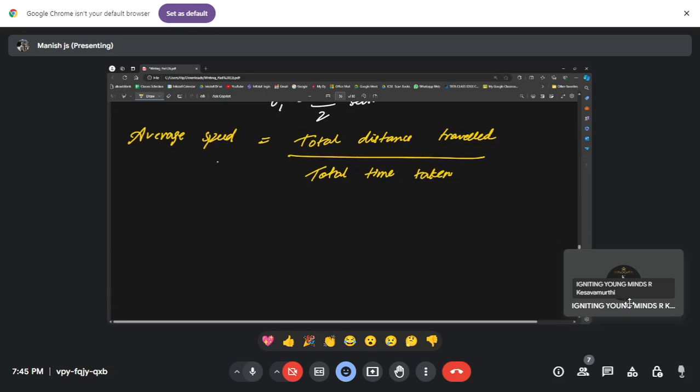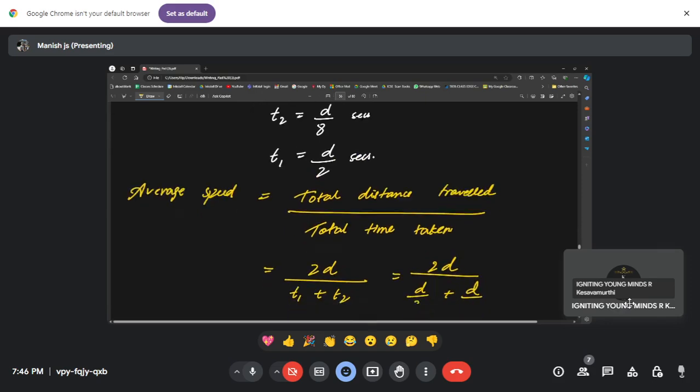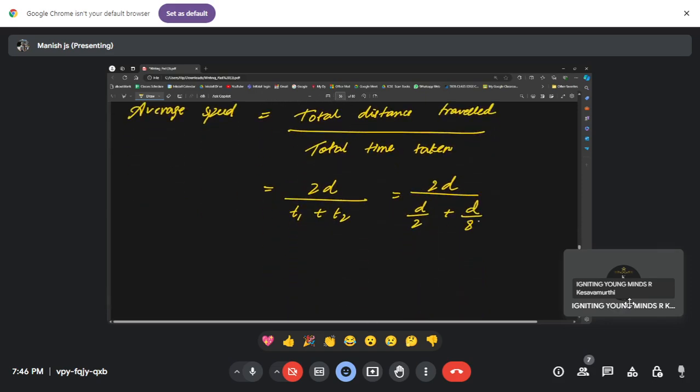So total distance traveled, we already know the total distance is equal to 2D upon total time taken is T1 plus T2. Let me go and substitute. So what do I get by substituting? I can write this as 2D upon T1 is basically D upon 2 plus T2 is D upon 8. Yeah, we have calculated that. So it's D upon 8.